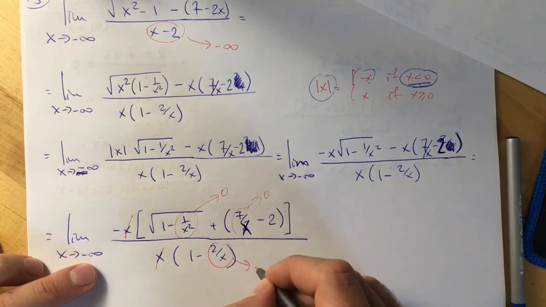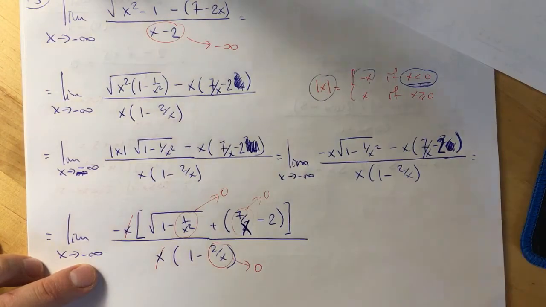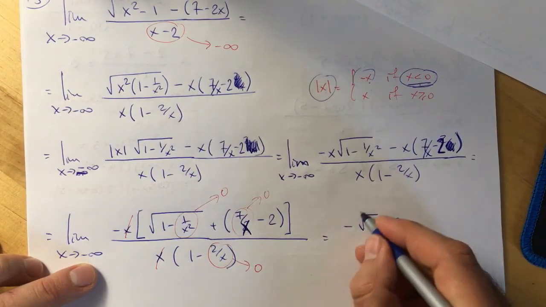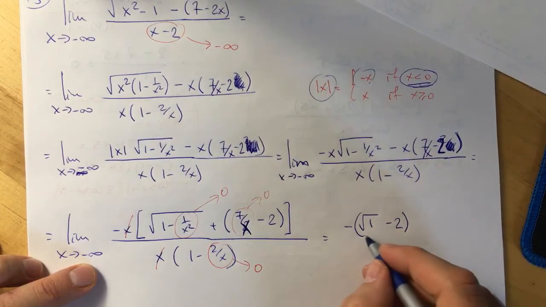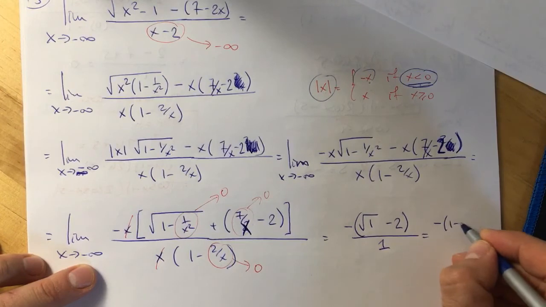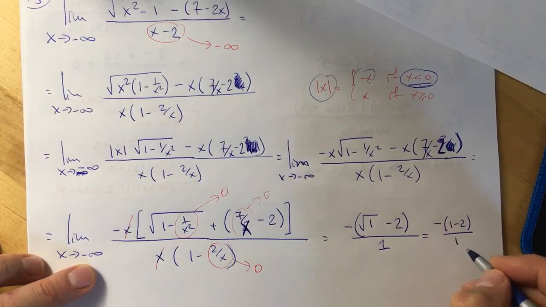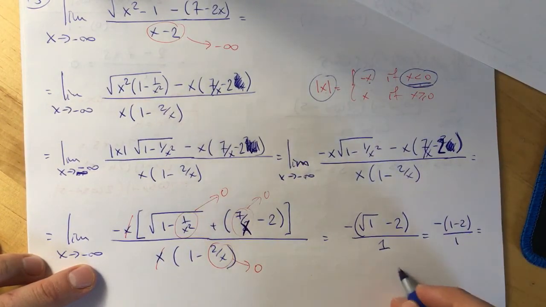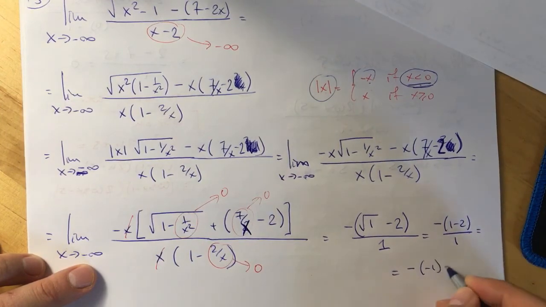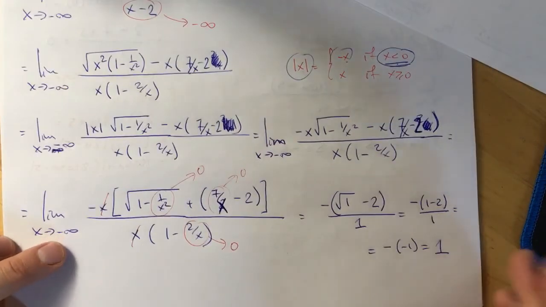Similarly with this ratio, leaving us with negative square root of 1 minus 2 over 1. Well, that's negative 1 minus 2 over 1. This is negative 1, right? So negative 1 is equal to 1.